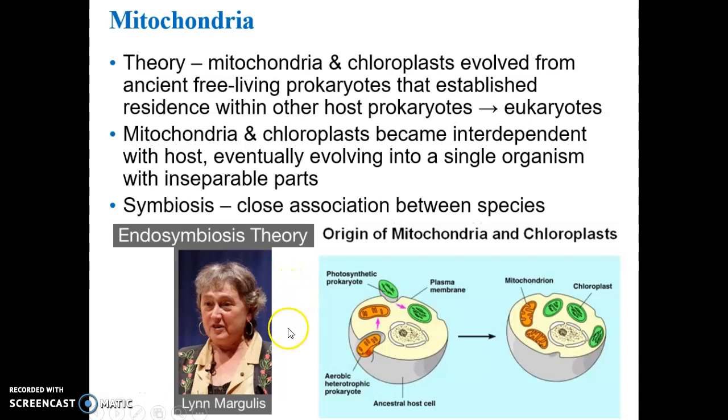And initially, her theory was not widely accepted, but with advances in technology, and especially in being able to examine the DNA of mitochondria and chloroplasts, essentially today the endosymbiosis theory is widely accepted in biology.